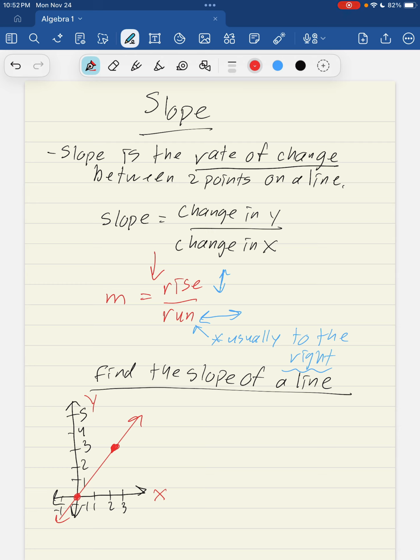So if we want to find the slope of this line, we do pretty much the same 2 steps all the time. Step 1, I like to start from the leftmost point and find the rise. Start from the left point.